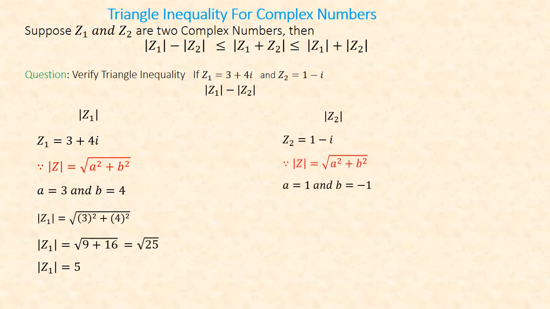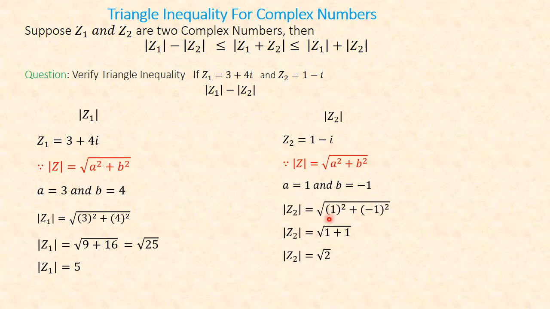Now we'll find modulus of z2. z2 is equal to 1 minus iota. Here we will use the same formula of modulus. a is equal to 1 and b is equal to minus 1. Putting these values in the formula, we'll get square root of 1 square plus minus 1 whole square.